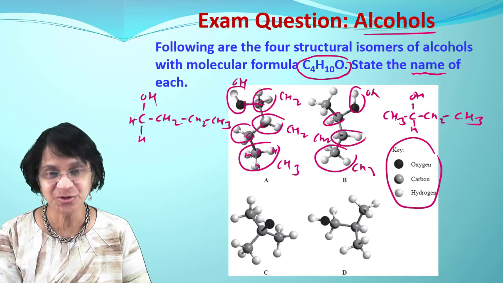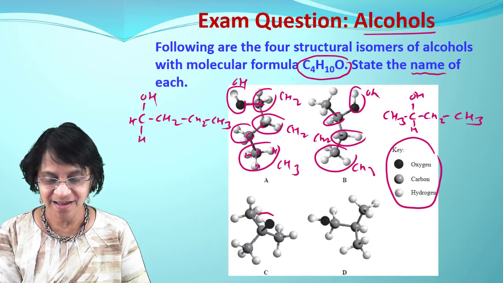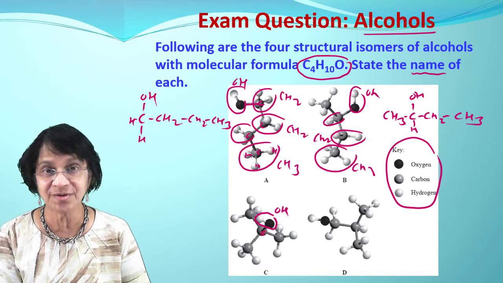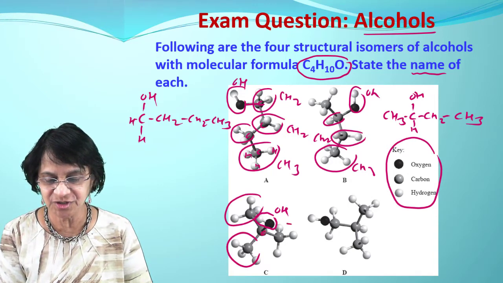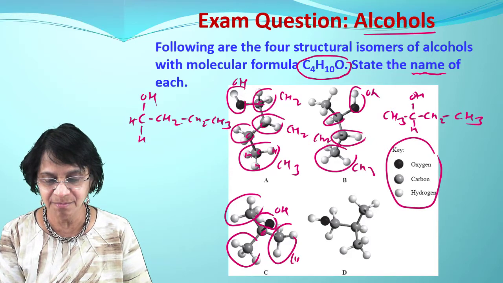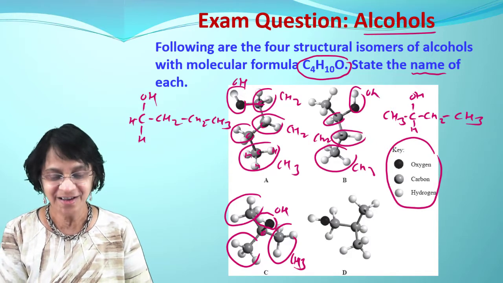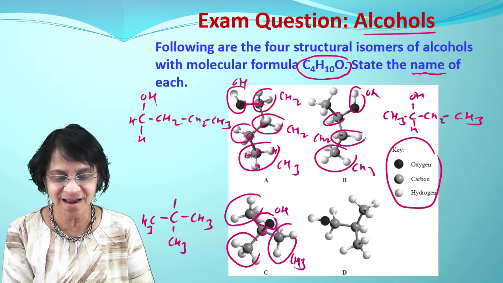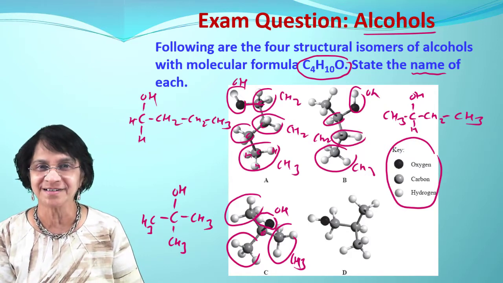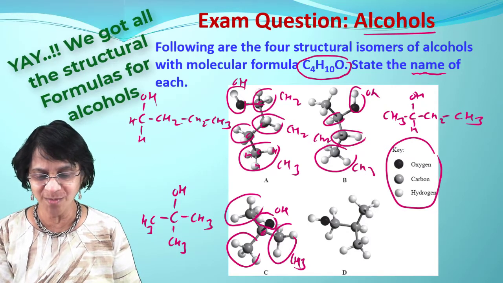Now let's come to molecule C, and this is the part which is OH. This is our carbon. All the other groups which we have are methyl groups, CH3. So the structure will be a carbon connected to 3 methyl groups and an OH group over here. And let's do one more.